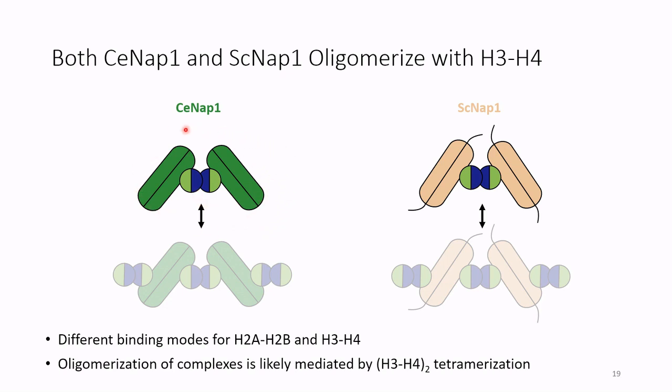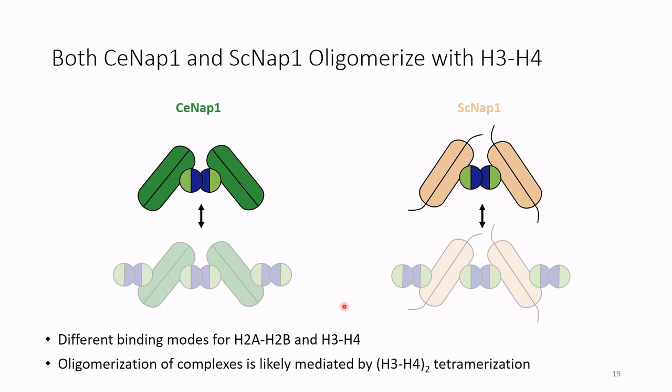However, as you saw, when we titrate H3H4 further, we end up with a 4-to-6 complex, which is 4 Naps bound to 1, 2, 3, 4, 5, 6 H3H4s, which is a 4-to-6 stoichiometry. Both the worm Nap1 as well as yeast Nap1 bind H3H4 similarly, that is, both of them oligomerize with H3H4 and have a stoichiometry range between 4-to-2 to 4-to-6.